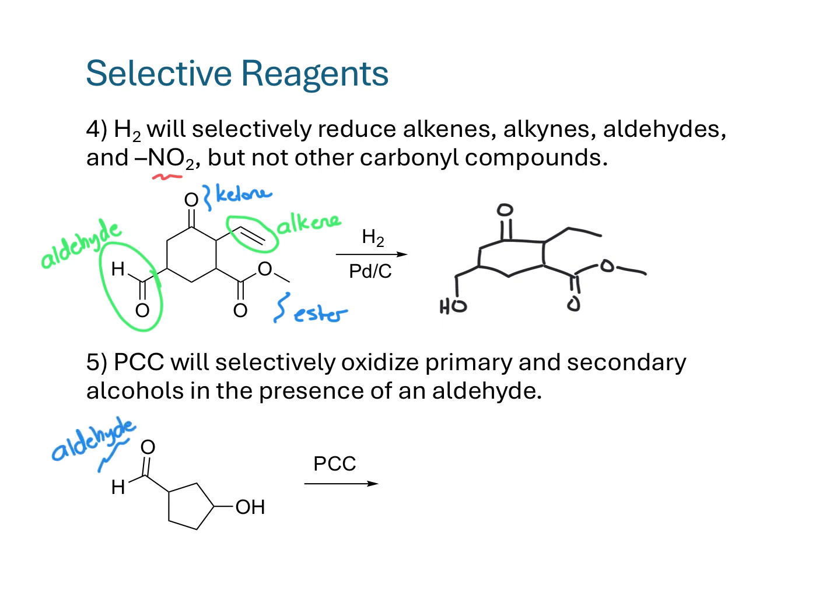So with this particular substrate, the only thing that's going to react is the alcohol. So this is a secondary alcohol. With the PCC oxidation, it will get oxidized to a ketone. Let's leave the aldehyde alone. That alcohol becomes a ketone.